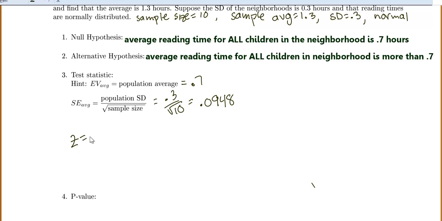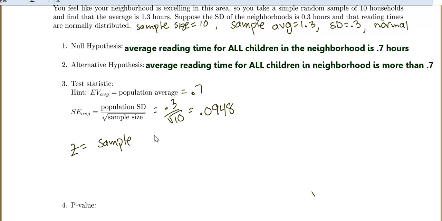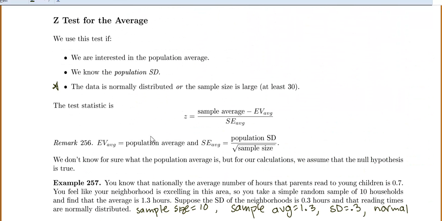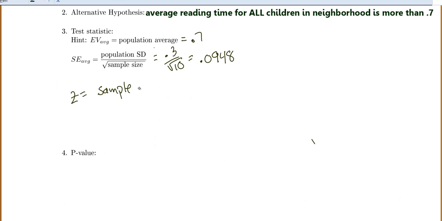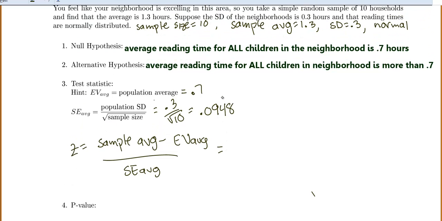Now let's find our test statistic Z. It's going to be my sample average minus the expected value divided by the standard error. My sample average was 1.3, but I expected it to be 0.7, and the standard error is 0.0948.